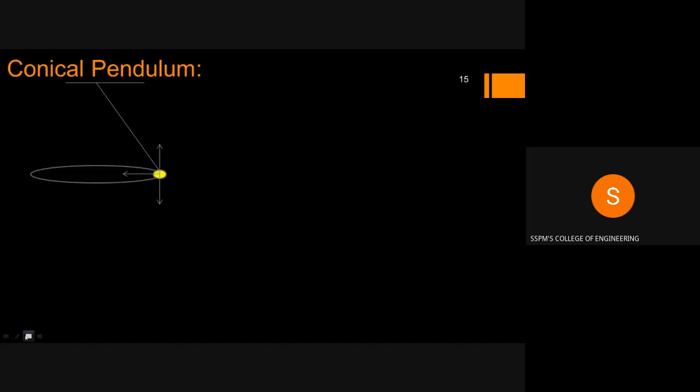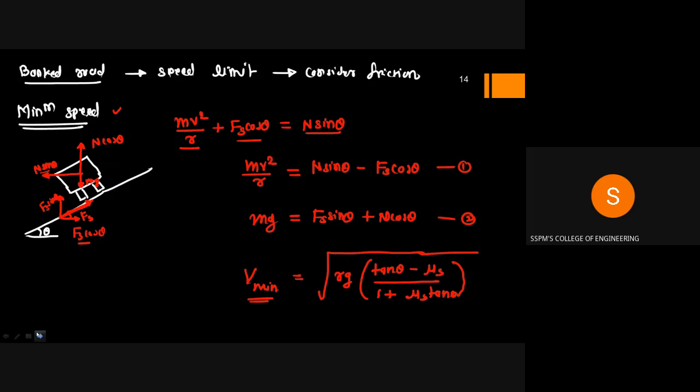For the maximum speed, the only change is that the friction will act in the downward direction. So at the maximum speed, this is the direction of the friction. Okay. So for the maximum speed, I will just write the equation for Vmax. The remaining equations are similar.